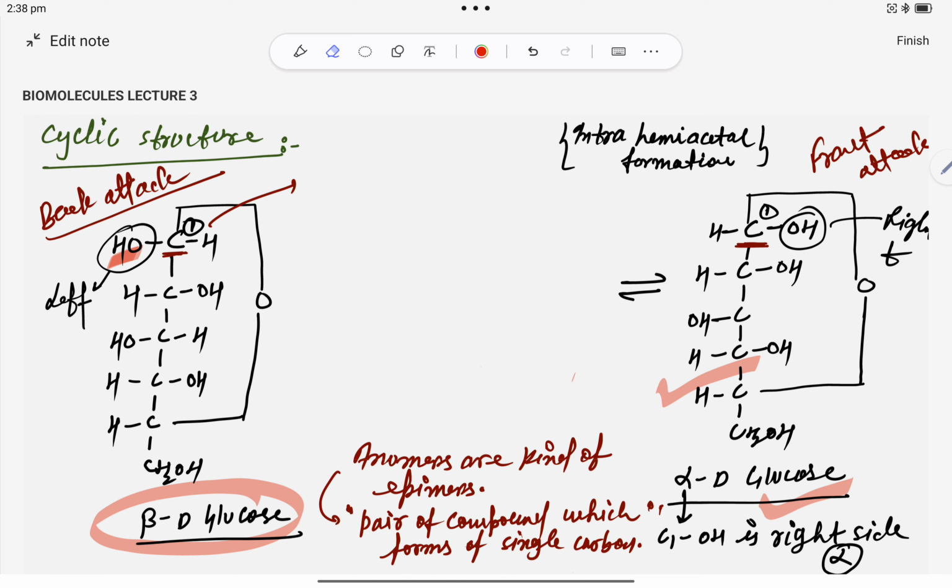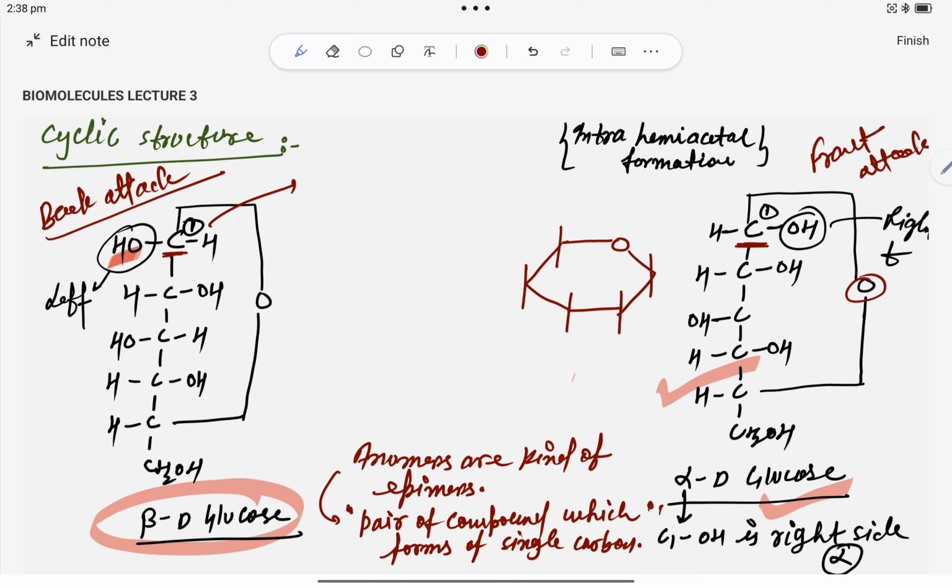So first, the cyclic structure for alpha D glucose. That is your alpha D glucose, and oxygen is attached here. So a six member ring, oxygen is placed here like this. What is the trick for that?